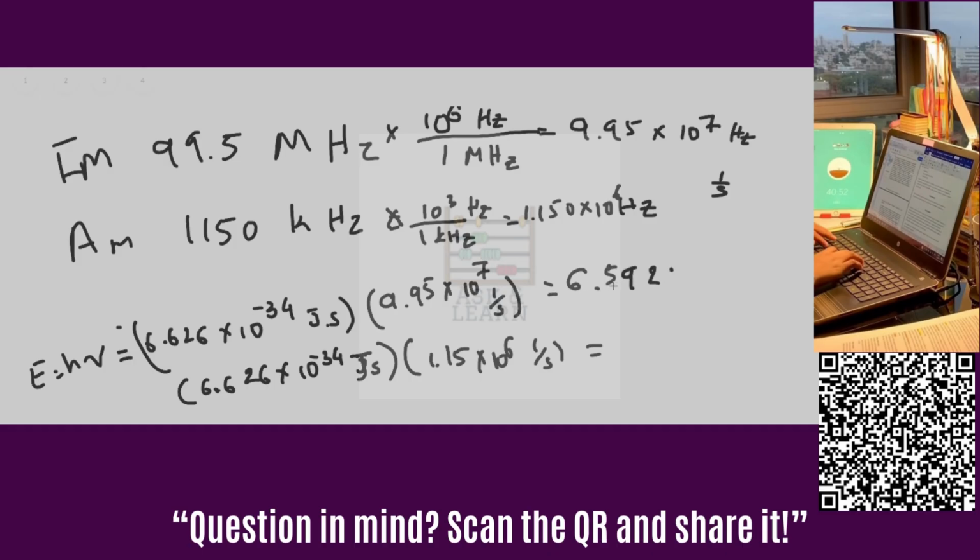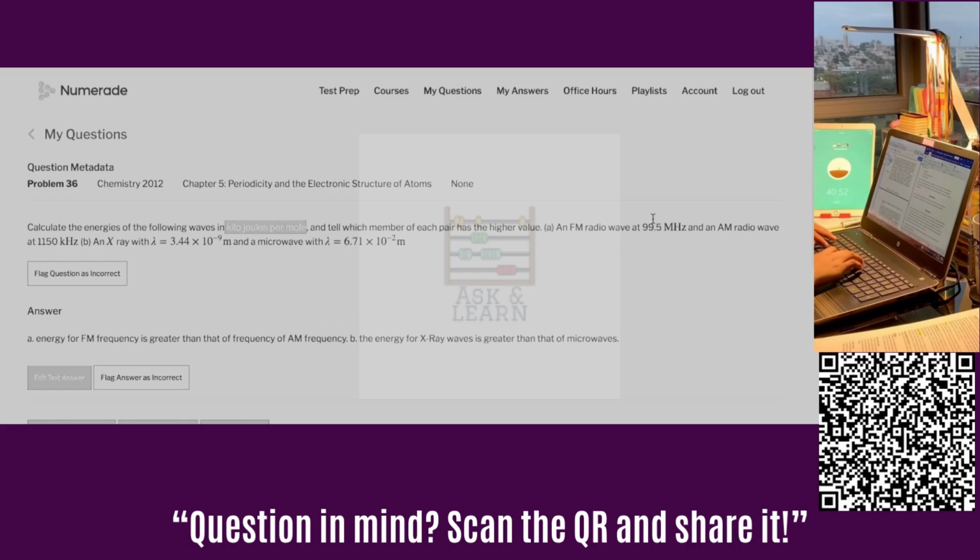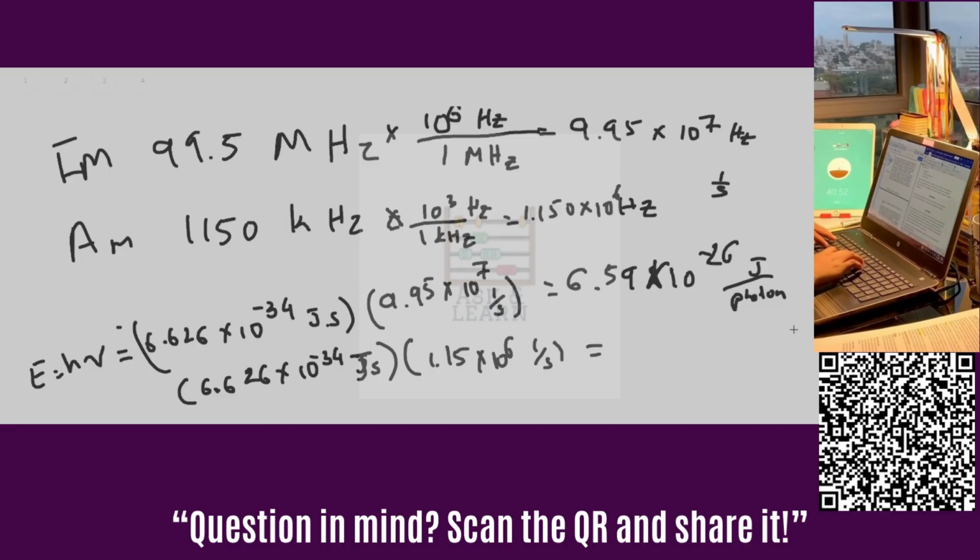Of course, I'm going to round it, so I'll just leave it as 6.959 times 10 to the negative 26. This is actually joules per photon, or joules per wave, in this case. Then we need to change it to a mole. Same thing, I'm going to go ahead and calculate the other one.